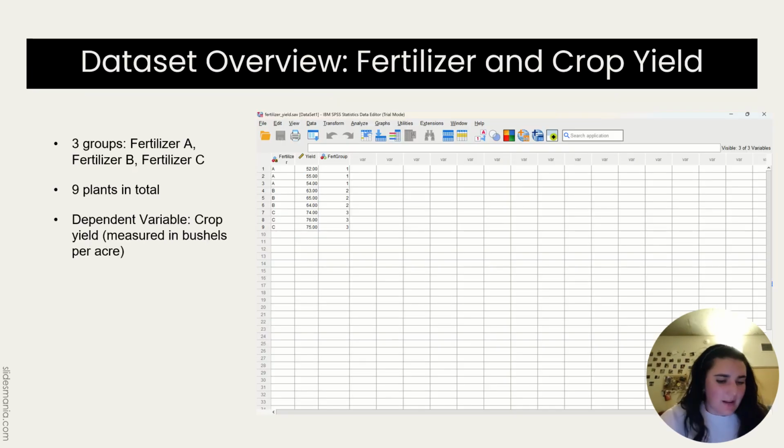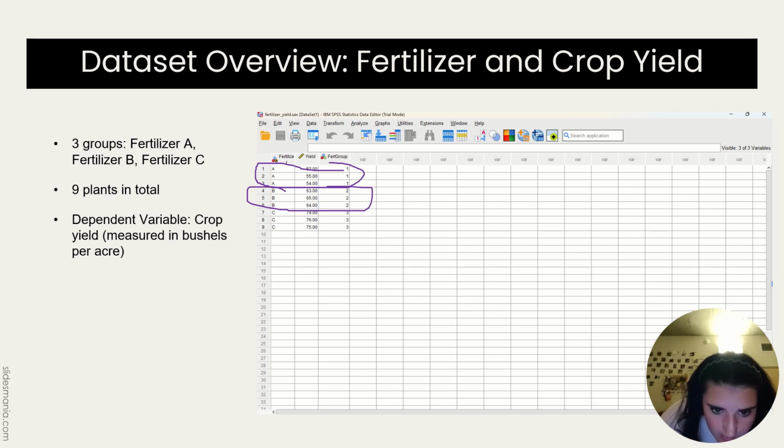Now we're going to get into the fun stuff, like looking over the fertilizer and crop yield data set. As you can see, there are 3 different groups. I'm going to highlight them. We have the A, the B, and the C. And you can also note that there are 9 in total.